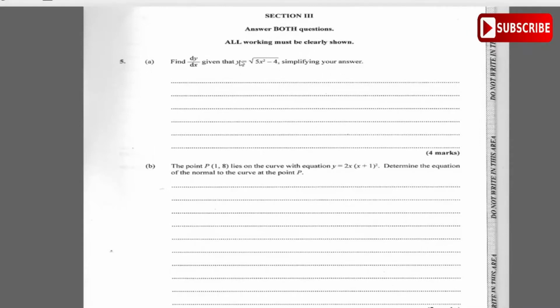Now, to do this differentiation, you have to rewrite it as 5x squared minus 4, and you have to raise it to the half power. All right, so you can use chain rule or composite rule, whichever word you want to call it.